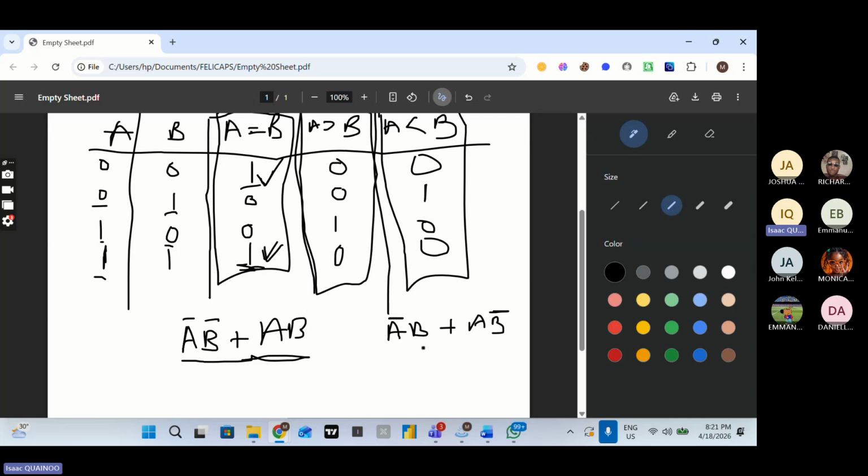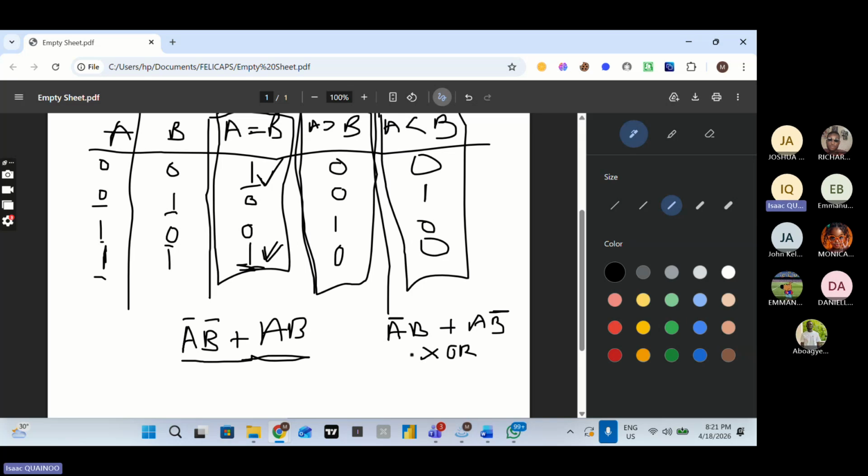this is an XOR expression here. So this is A XOR B. But if you have the same AB plus AB, and one side has bar and bar, and the other side doesn't have, this is an XNOR, which is exclusive NOR.